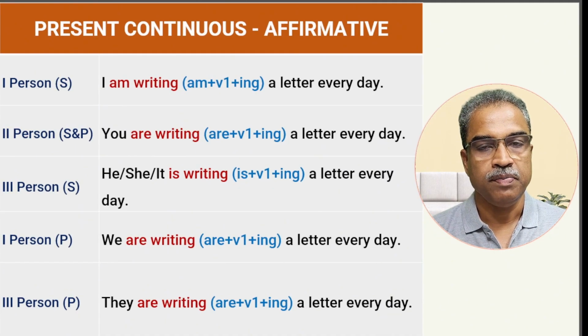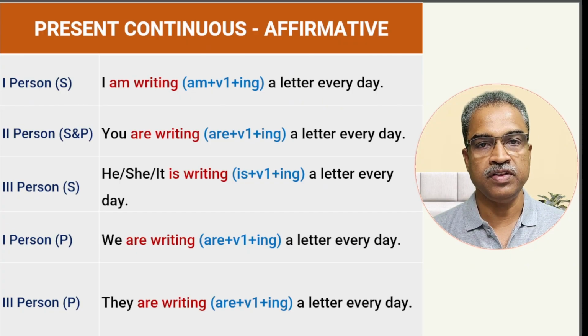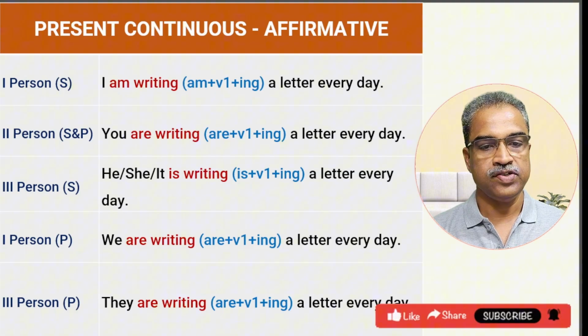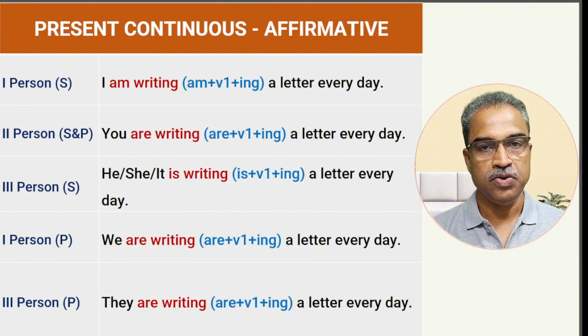Yes, we have a person, first person, second person, third person, and their numbers, singular and plural. So let's start with the first person, I, singular. You use the subject first, the pronoun or the noun, that is I here, and then in the present continuous tense we have the auxiliary verb be, which we had learned earlier.